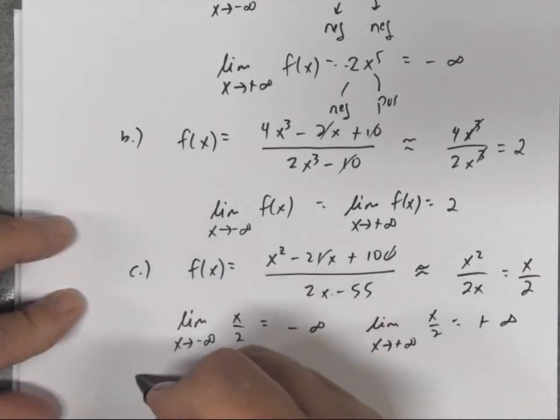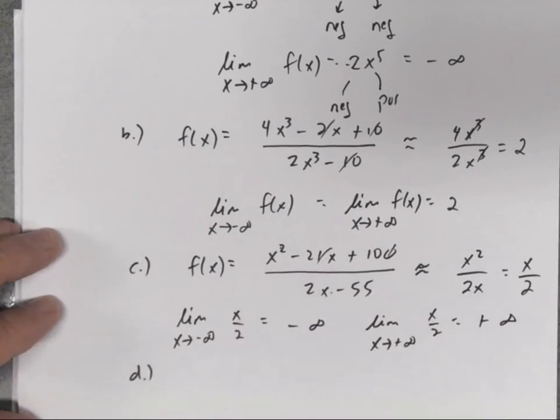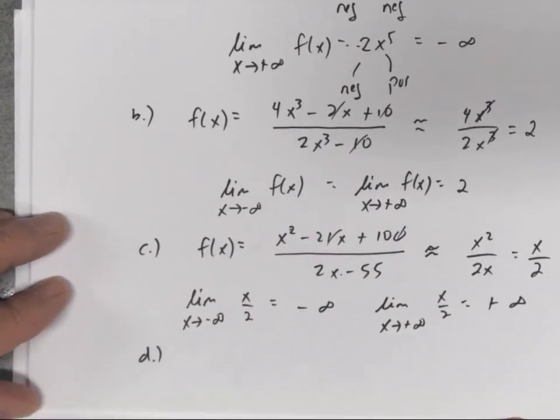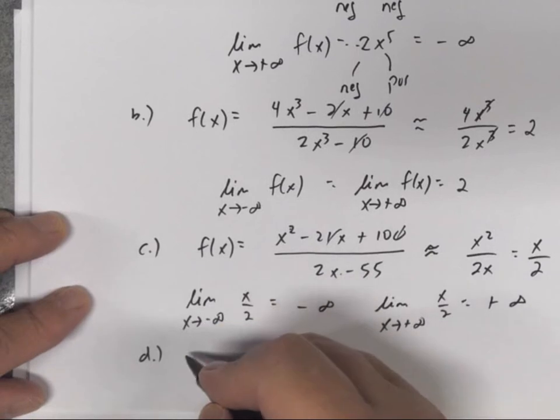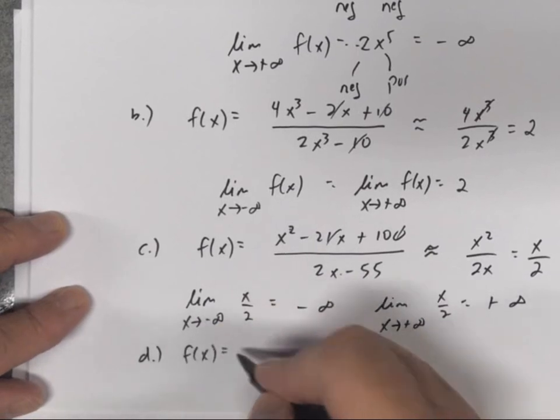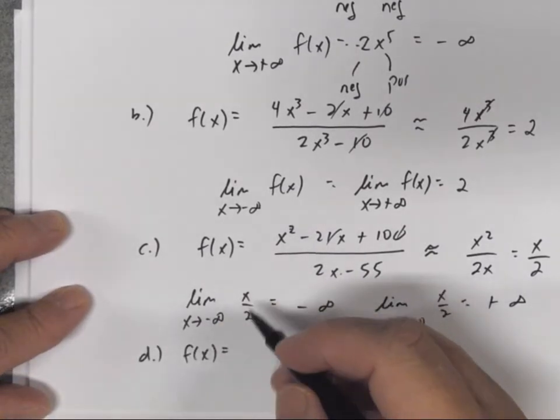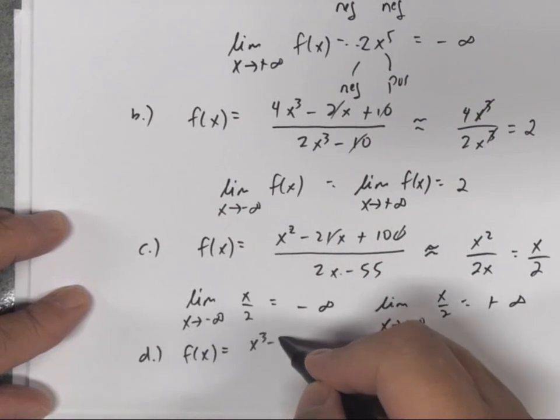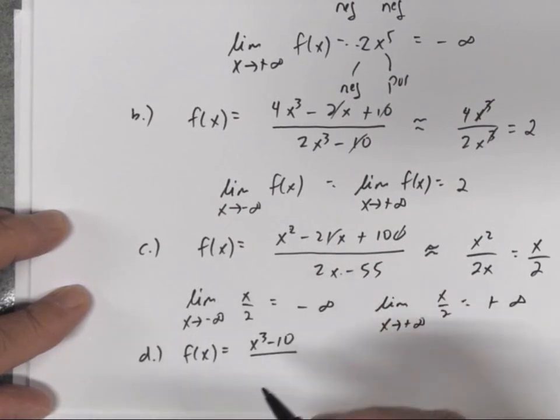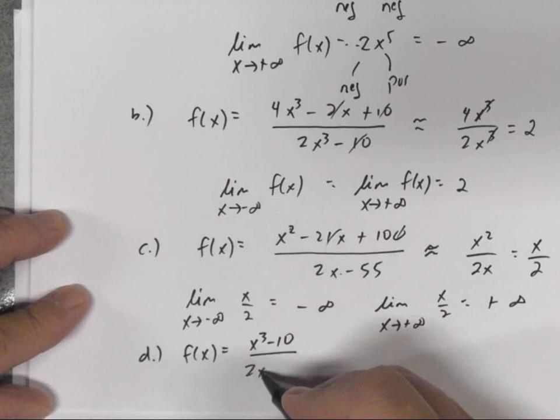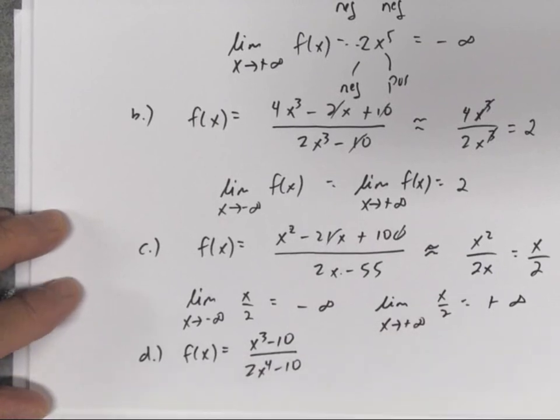And then the last one, see if I can squeeze it in here on the page. F of x is x cubed minus 10 over 2x to the fourth minus 10.